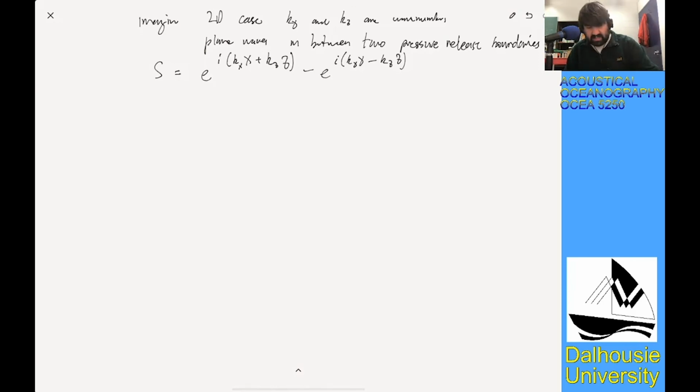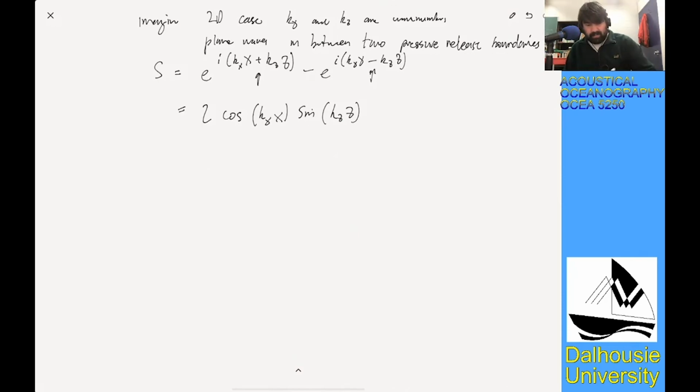You see there's a minus sign here, going down, going up. And we can simplify this. It turns into e to the i kx x times sine kz z. You're going to use your Euler identities, and it's actually not too bad.